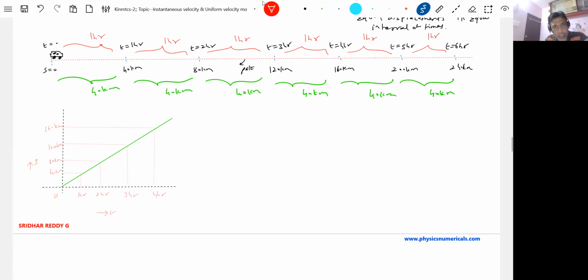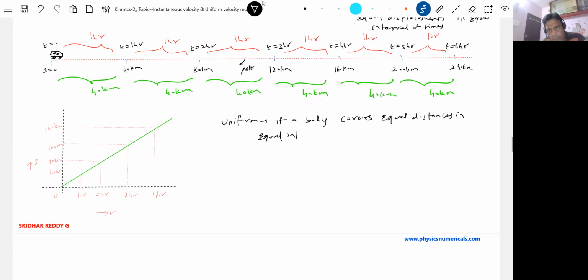Okay, now what about uniform speed? How do we define it? If a body covers equal distances in equal intervals of time, it is said to be uniform speed.